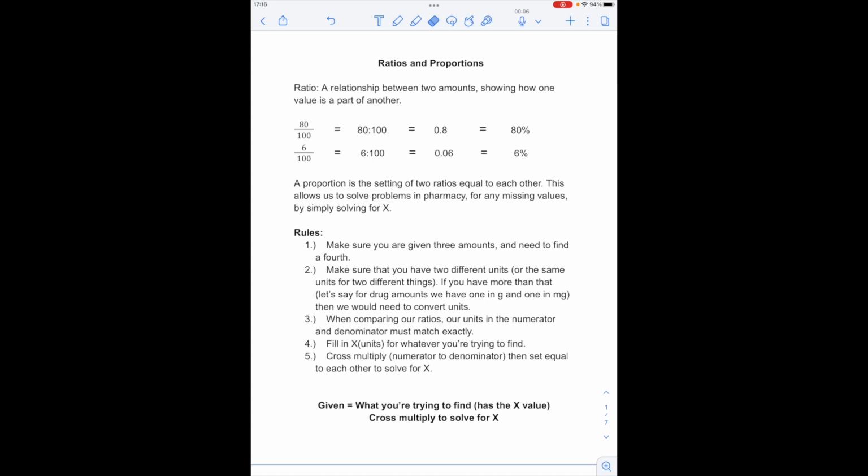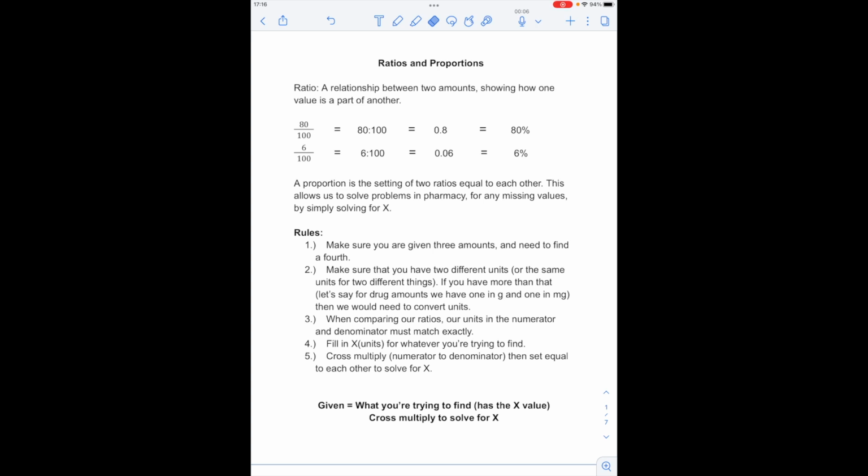So for example, if I have cups of flour and cups of sugar, they're both cups, but they're cups of different things. So technically, in this case, we can count them as different units. 3, when comparing our ratios, our units in the numerator and denominator must match exactly.